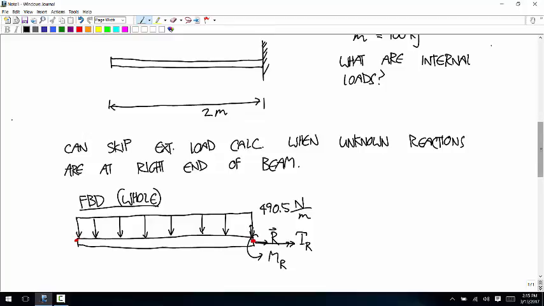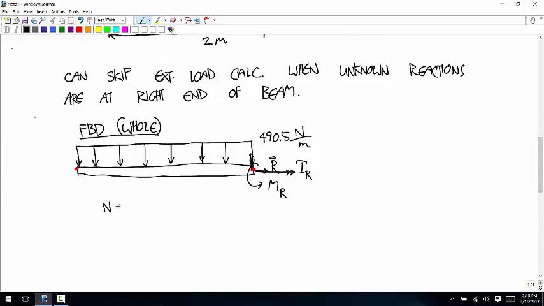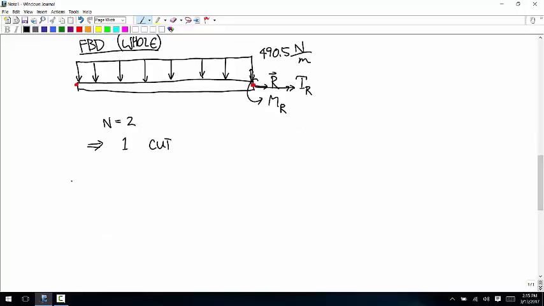So n equals 2. And that means we're just going to do one cut, n minus 1. So cut 1 is valid for all x's between 0 and 2.